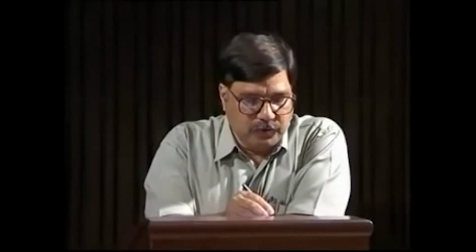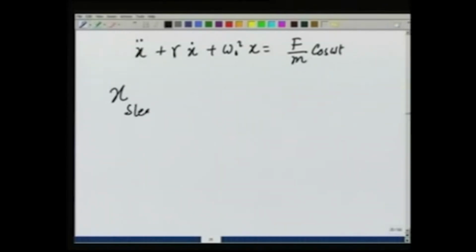As far as getting the solution of the forced damped harmonic oscillator is concerned, we are done now. We solve for x double dot plus gamma x dot plus omega naught square x equals F over m cosine omega t, and got a steady state solution. Let me write it as x steady state, as a function of time.